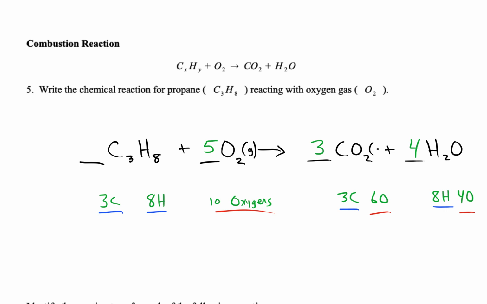Same thing with carbon dioxide. It's known to exist as a gas at room temperature. Propane is also known to be delivered as a gas in a tank, so we'll call that a gas as well. H2O, as we know at room temperature, is a liquid, so we'll put L by that.